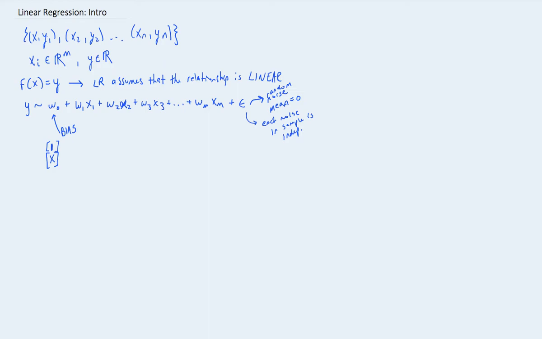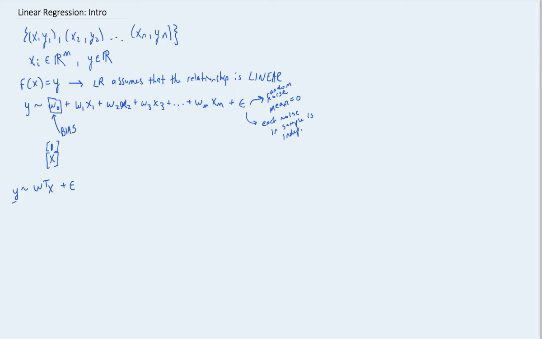And that 1's going to end up being multiplied by this bias coefficient, so we can functionally treat our y's as if they're just coming from the transpose of a w vector times x plus the noise. We've gotten rid of the bias term by assuming that the vector has a 1 at the front of it. And this is a totally legitimate thing to do.